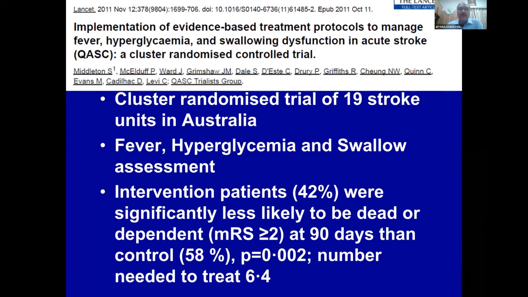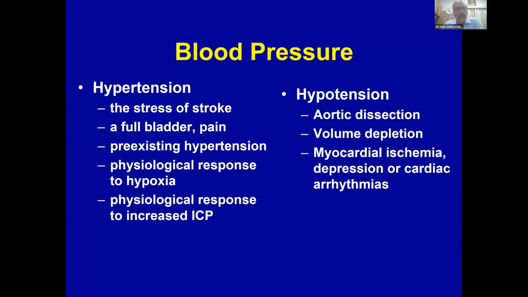Management of blood pressure: there are situations where BP can be low, like aortic dissection, volume depletion, myocardial ischemia, etc. You need to be careful. But hypertension can occur due to multiple factors: the stress of stroke, increased sympathetic surge, or the bladder could be full and the patient may not be able to convey that to you.